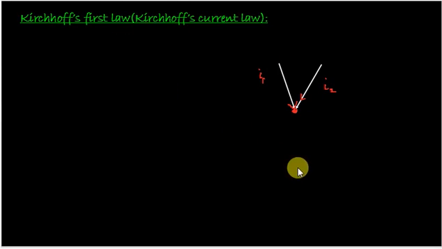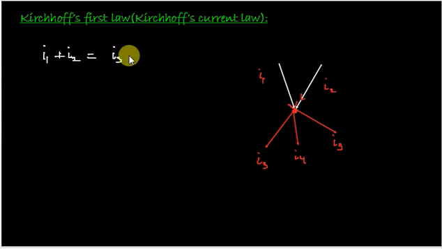Then the amount of current that would leave this junction, say I3, I4 and I5, has to be the same. It's just that you have 3 different paths for these 2 currents to go out. So the amount of current will remain constant. What we are trying to tell in Kirchhoff's law is that I1 plus I2 is equal to I3 plus I4 plus I5.